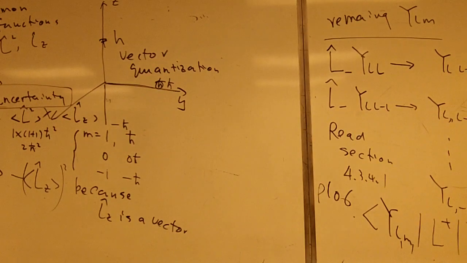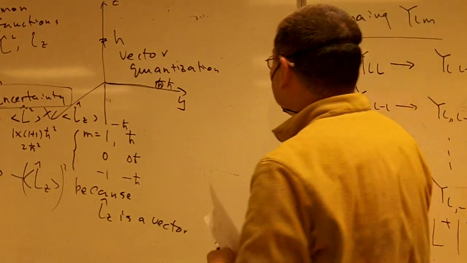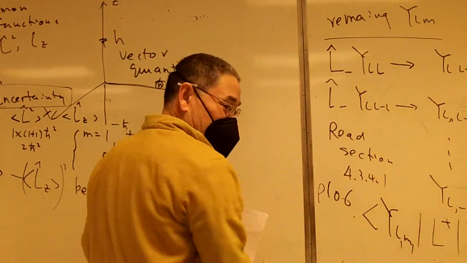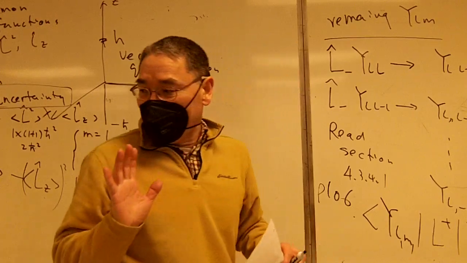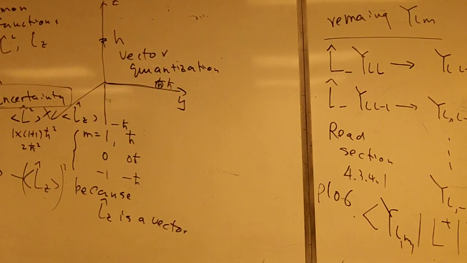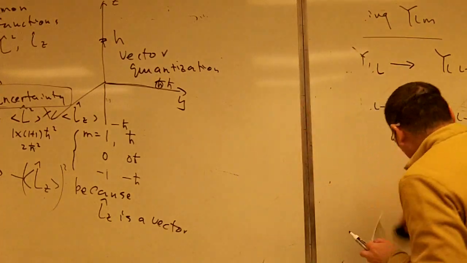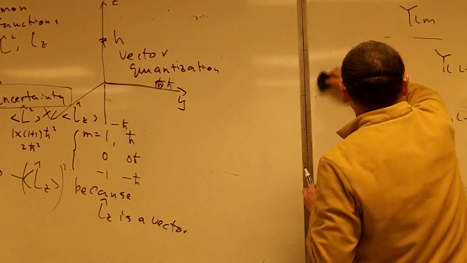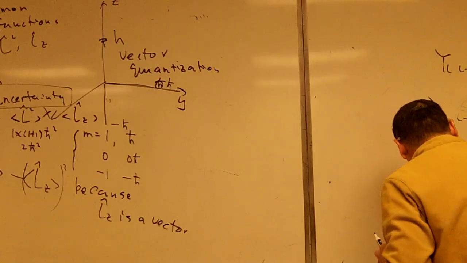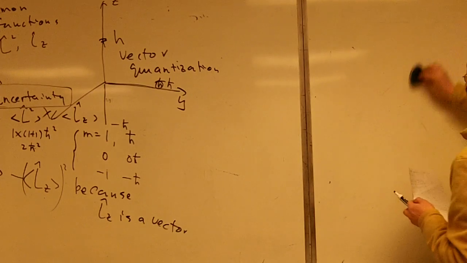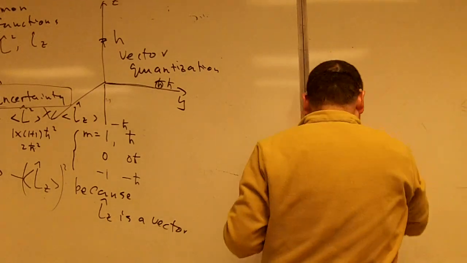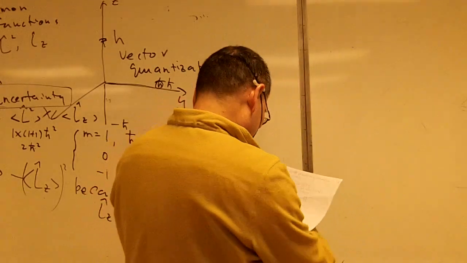And this is my part A. What about my part B? Part B, I'm going to write over here. Where's my eraser? Here's my eraser. This time, we're going to talk about Lx and Ly. This is really funny.